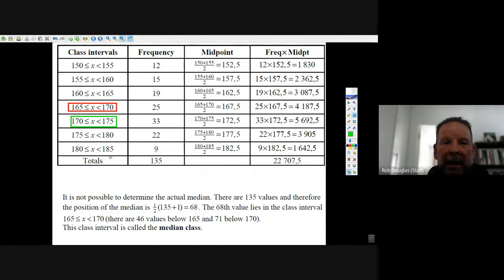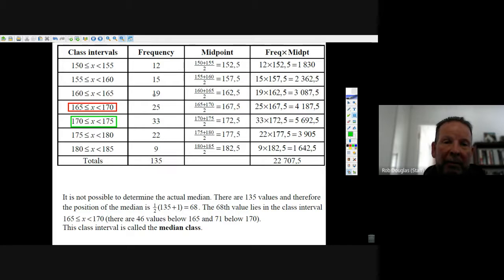Now, the last question, they like to ask this all the time. They say, in which class does the median lie? We don't know which country is right in the middle, but we know where it would lie because there are 135 countries. The actual median would be the 68th, which means 67 smaller, 67 bigger, and the 68th country is in the middle. So we just have to figure out where 68 lies.